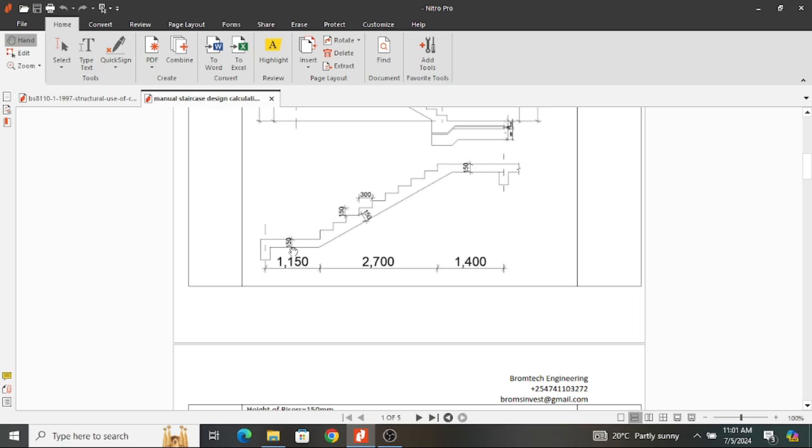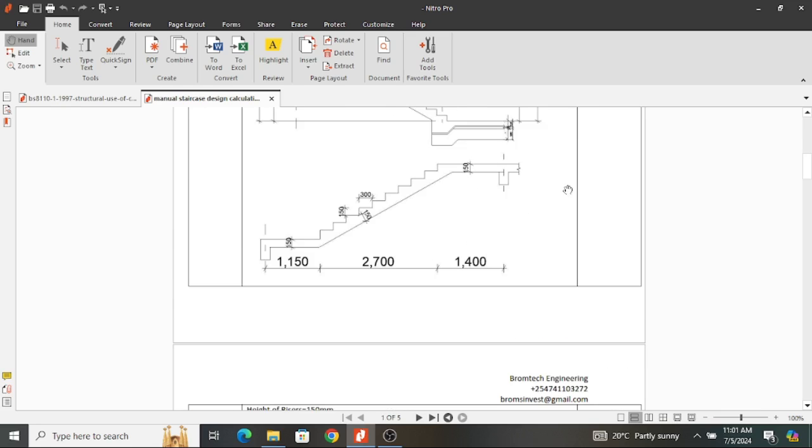So I'm going to interchangeably use the word staircase, slab, and beam, but I'll be meaning the same thing. And once you look here, this is the end support, and I'm going to assume that I'm not having continuity on this side. Therefore, there is no balancing of moments from this side, and I'm just having a simply supported staircase. And I assumed that for my design.